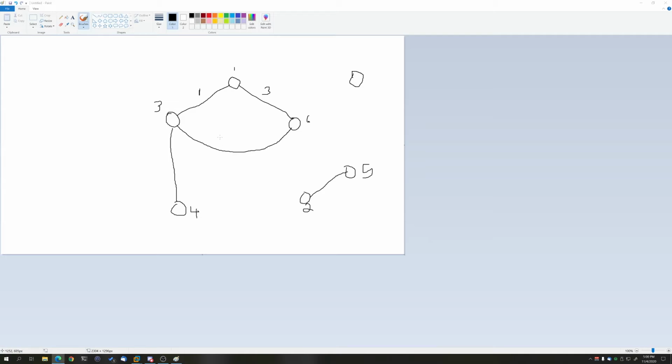A few more definitions. So we're going to call an edge a self loop if its format is like this. Remember that we described the edges based on the two vertices that it connects. So for example, this edge right here is going to be 1, 6, right?